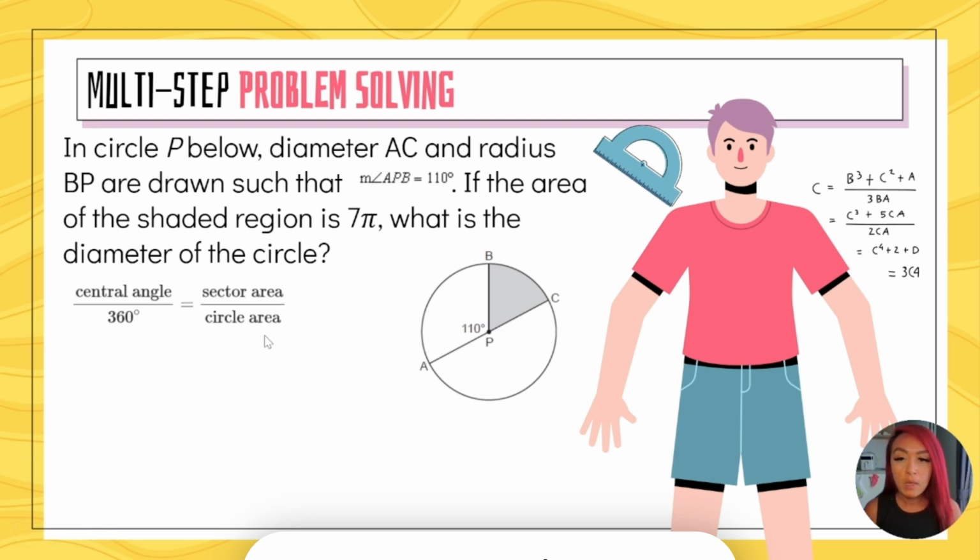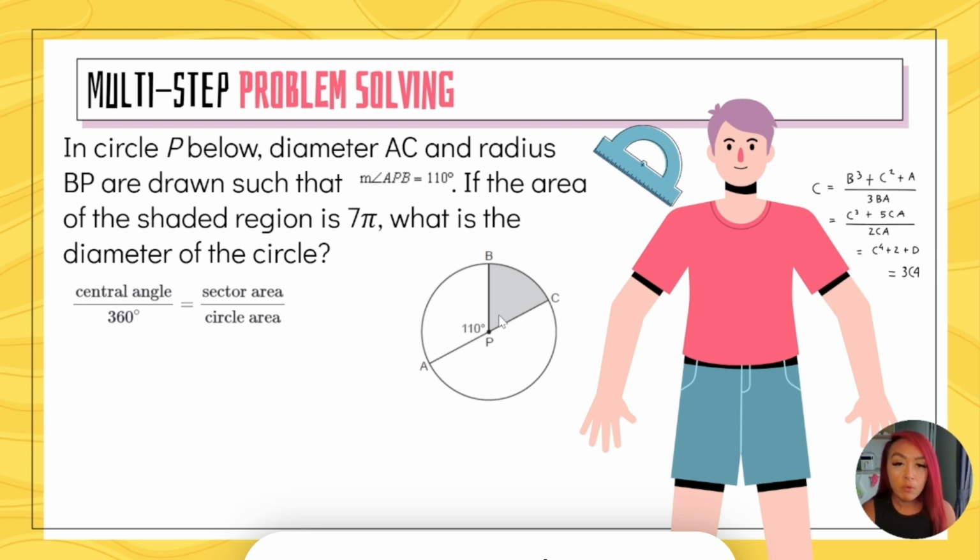So we're going to use our central angle over 360 equals sector area over circle area formula first, right? So we know the sector area is 7 pi, right? But what is this angle? We're going to need this angle.